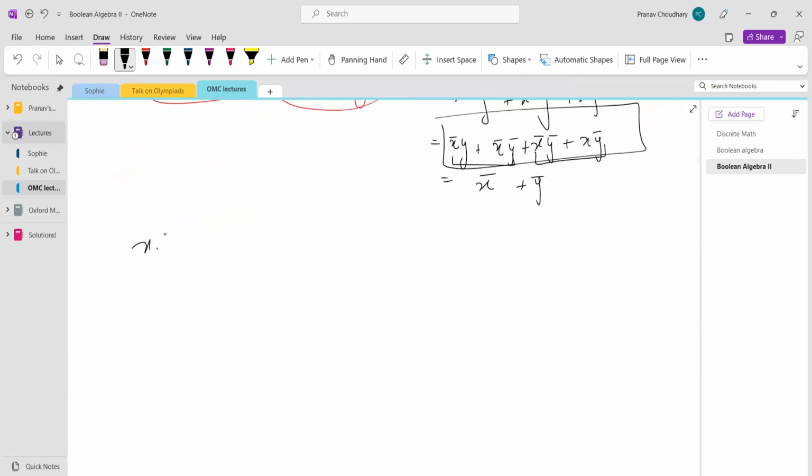So for 3 variables, we have X, Y, Z, right?